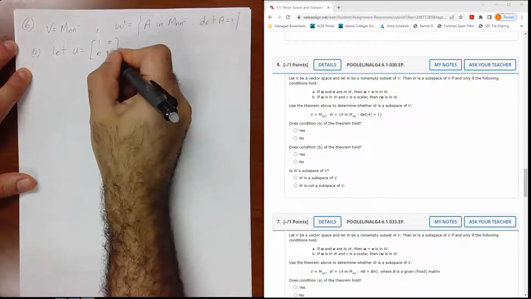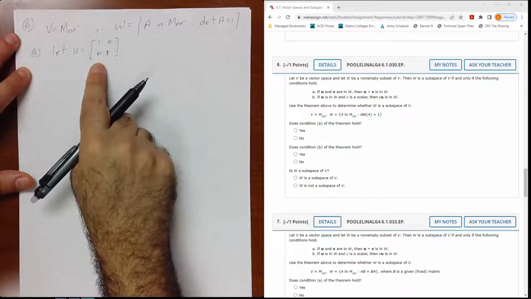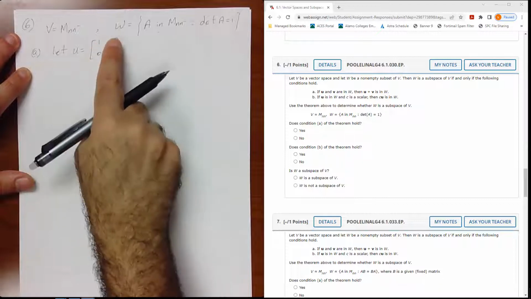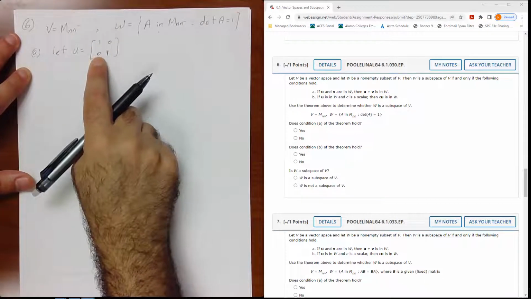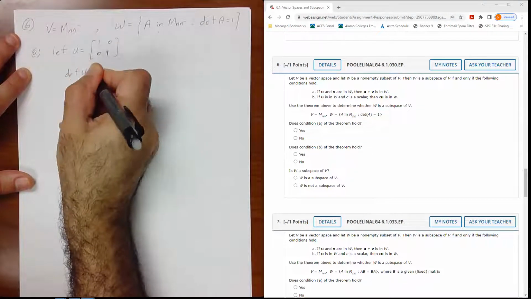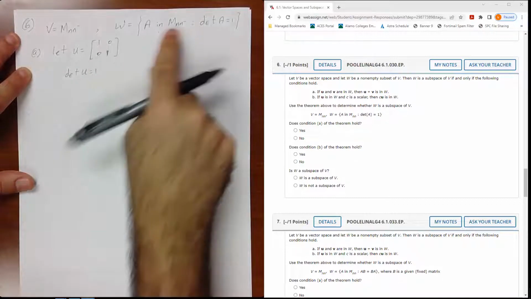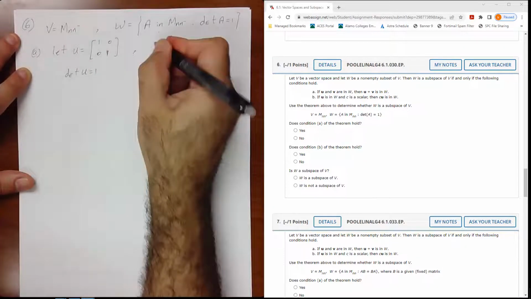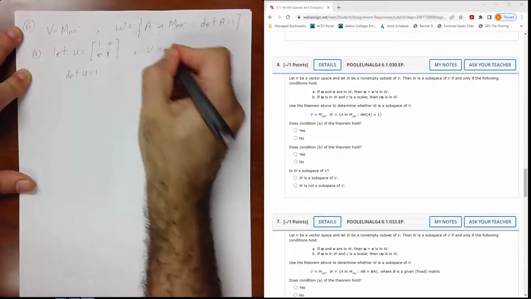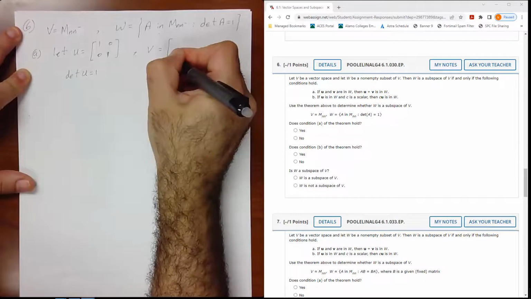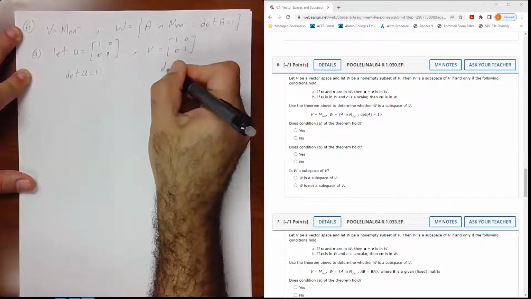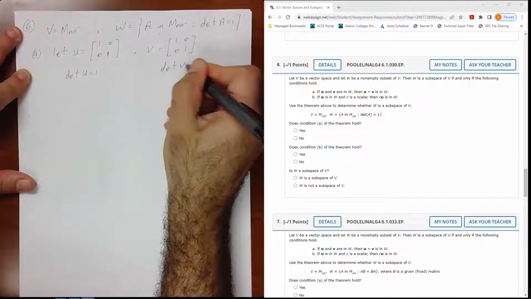This matrix belongs to W, and its determinant is 1 times 1 minus 0, so the determinant of the matrix U equals 1. That means U belongs to W. Let V be the matrix 1, 0, 0, 1 as well. The determinant of matrix V is also equal to 1.